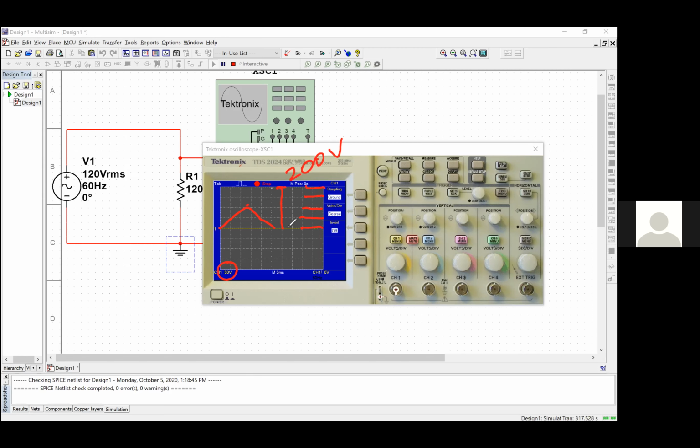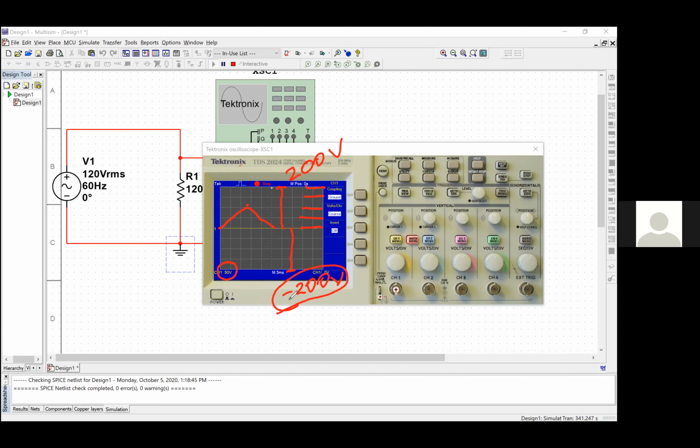Okay, so by the same token, the max below the ground voltage that I could measure would be minus 200 volts. Now, something important to keep in mind is that this plus 200 volts or this minus 200 volts doesn't mean that you have a lack of voltage.